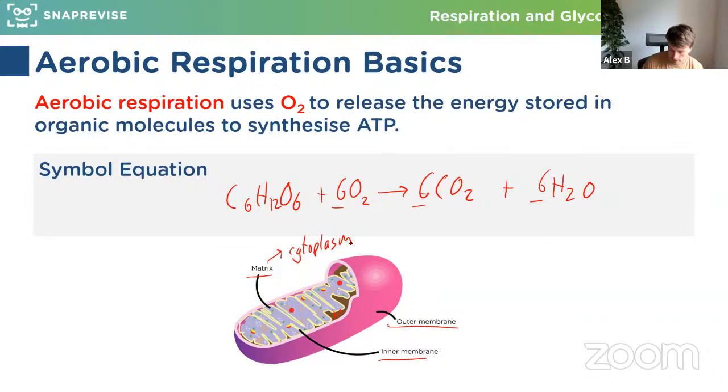And the different stages take place in the different areas. So in the cytoplasm, i.e. the matrix, this is the link reaction and the Krebs cycle. And the inner membrane, this is oxidative phosphorylation. And glycolysis actually takes place outside of the mitochondrion, so that it doesn't go on in there.